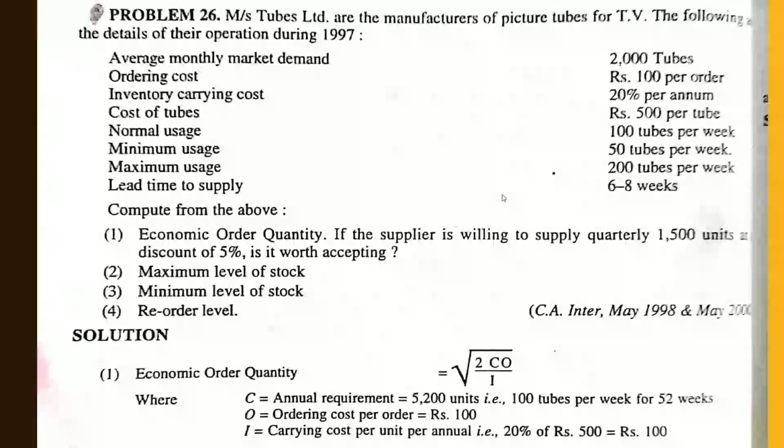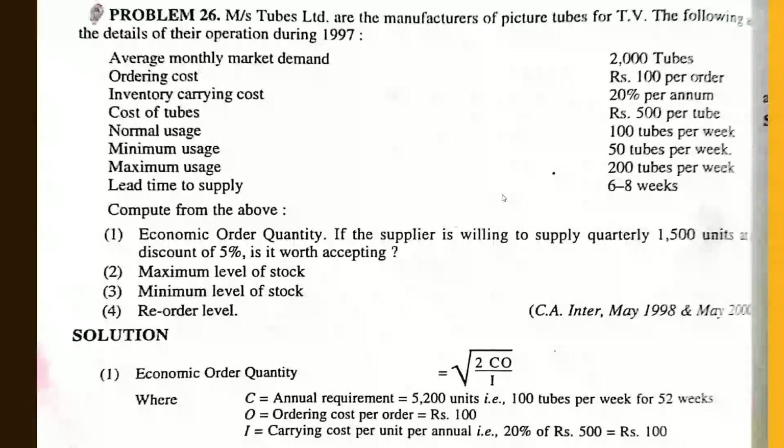Compute from the above the economic order quantity. If the supplier is willing to supply quarterly 1,500 units at a discount of 5%, is it worth accepting? That means, first of all, we should calculate the economic order quantity.